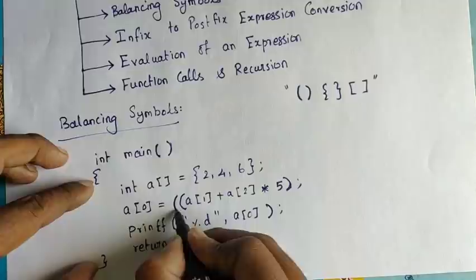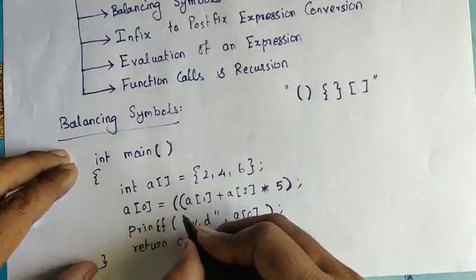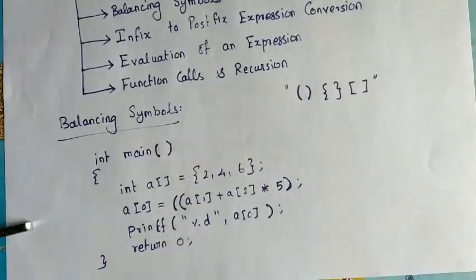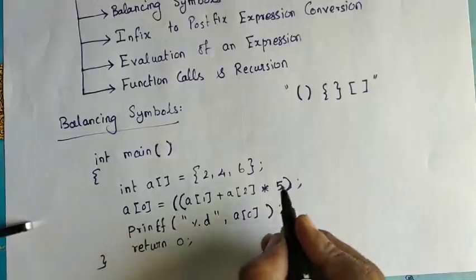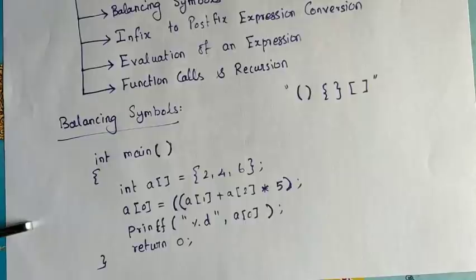But this bracket is not yet completed, that is, this open bracket does not have the corresponding close bracket. So that is going to be identified: there is a syntax error in your program in that line number, and the compiler will tell the error message.